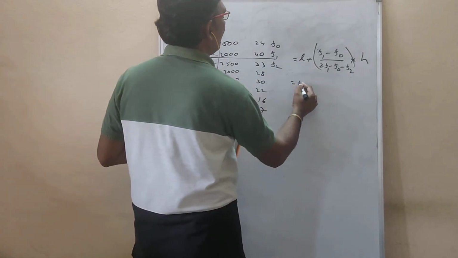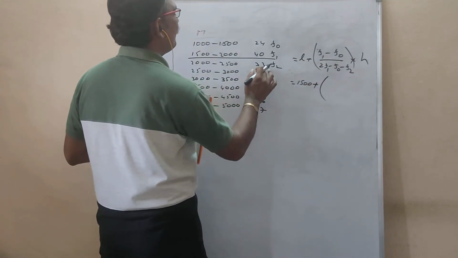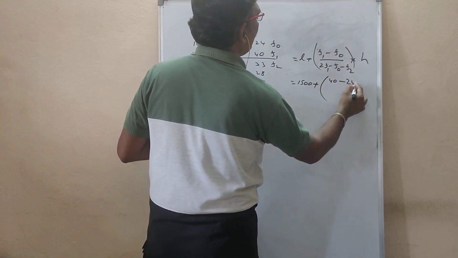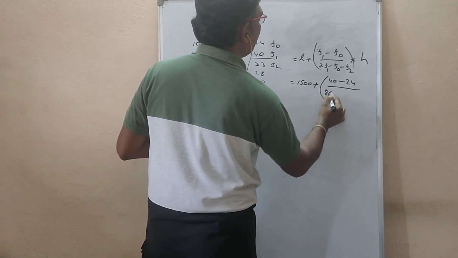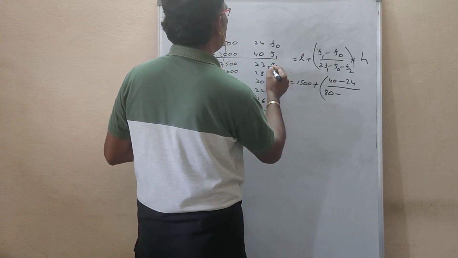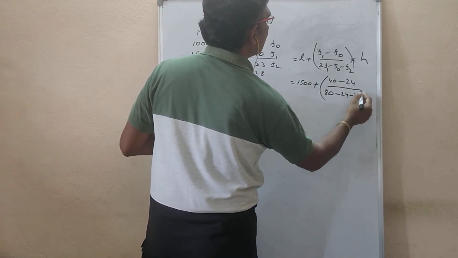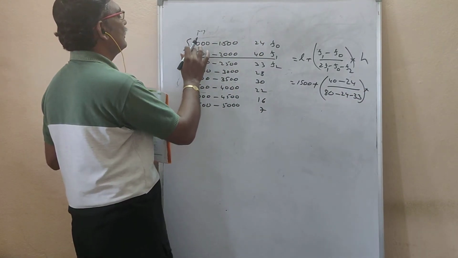So L means you have to write 1500 only, plus F1. F1 is 40, minus F0, 24, by 2F1, 2 into 40, that is 80, minus F0 minus F2, means minus 24 minus 33, into H, the height of the class.